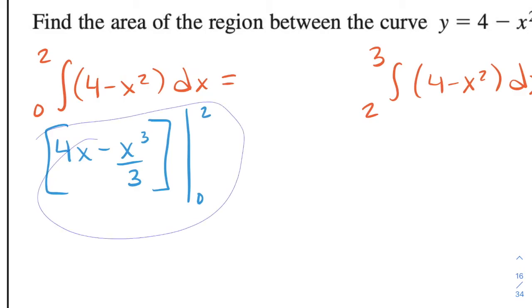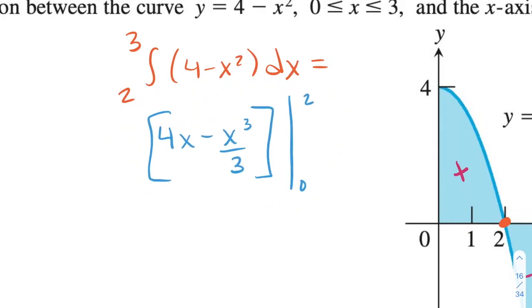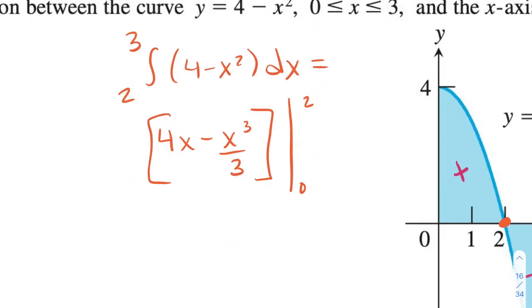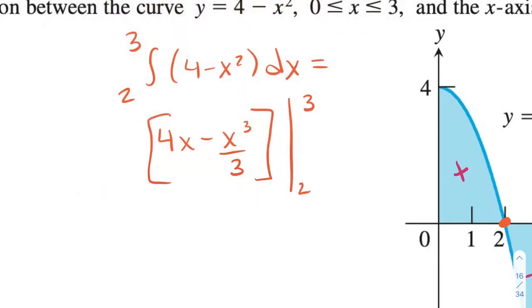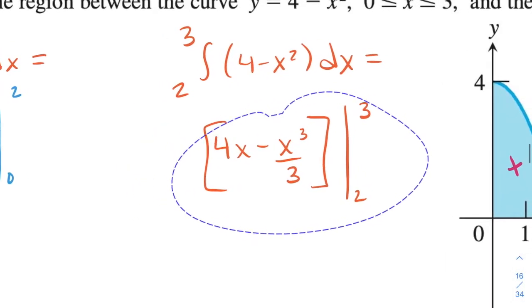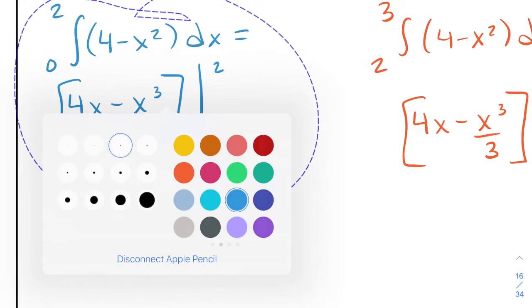And it is literally going to be the same thing here, but it's going to go from 2 to 3. Let's change this one all to blue. We'll keep them separate like that.